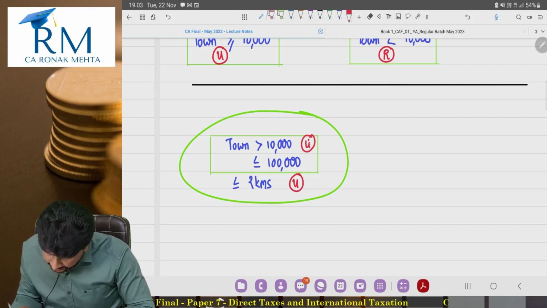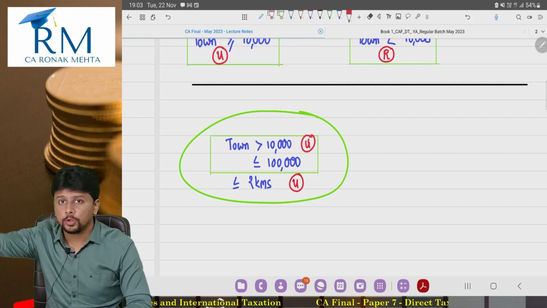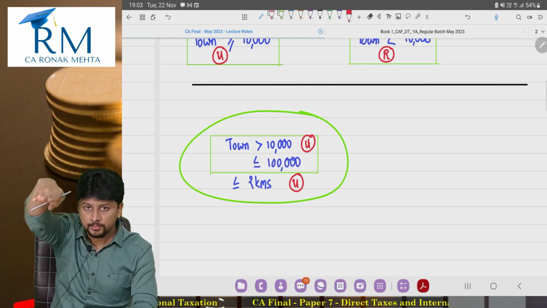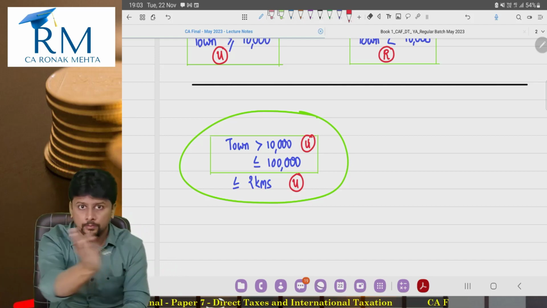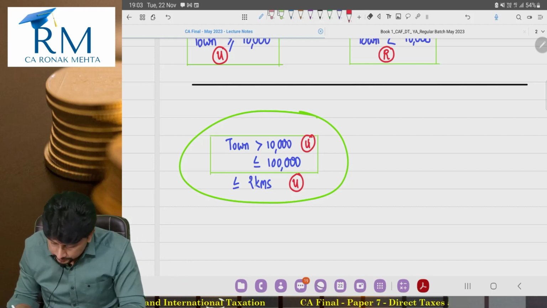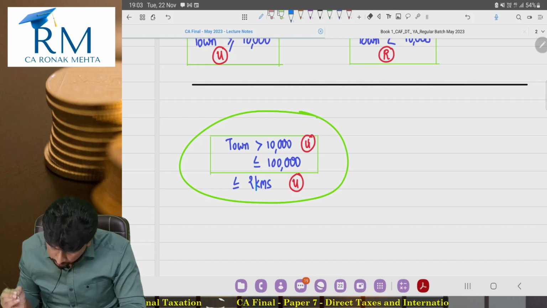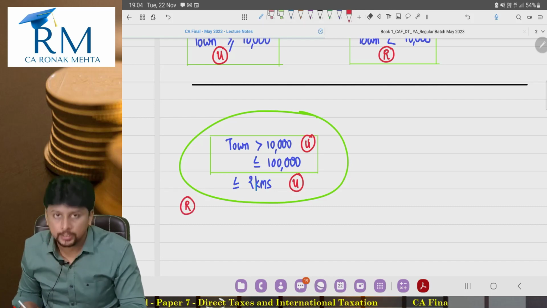So the town is definitely urban area, but once the local limits of the town end, up to 2 kilometers measured aerially, like how a bird flies, not via roads, directly, straight, is urban area, and beyond 2 kilometers is rural area.